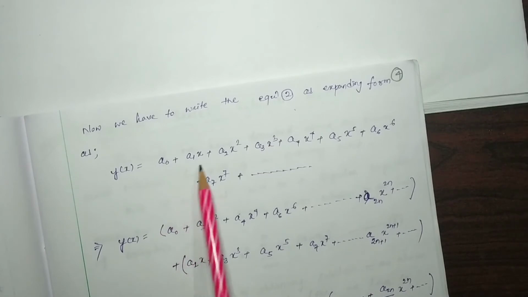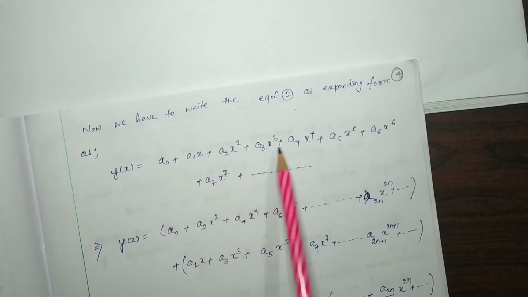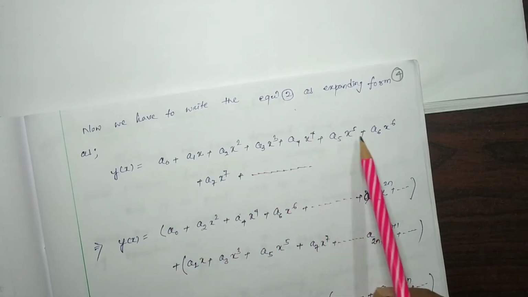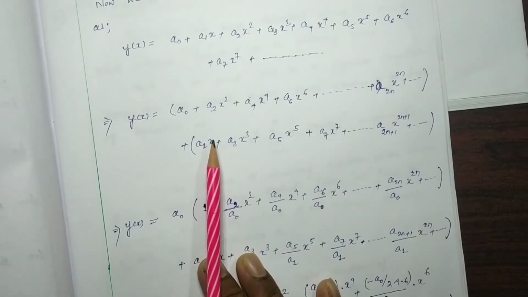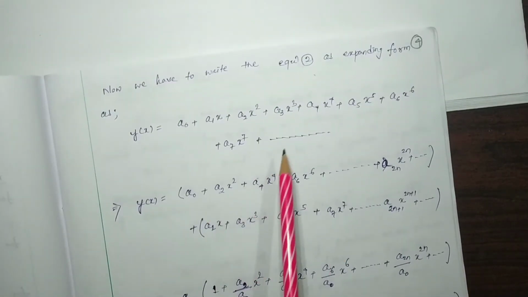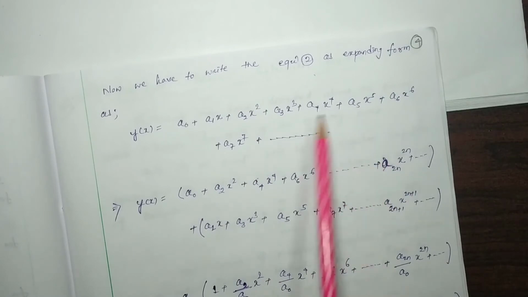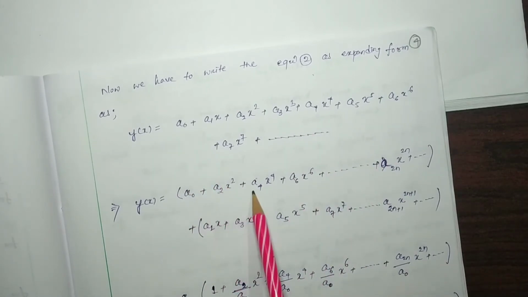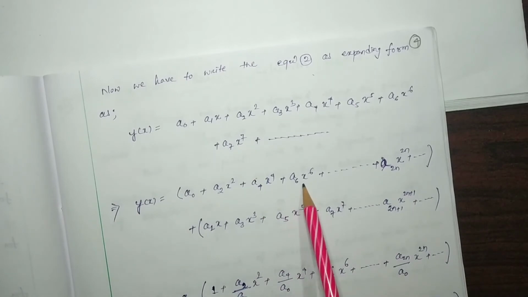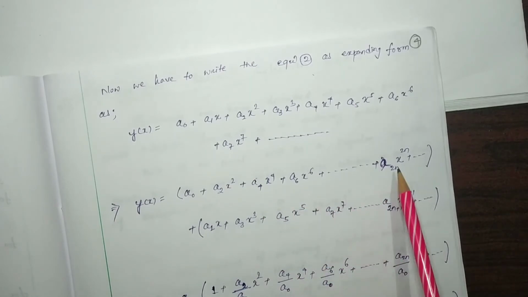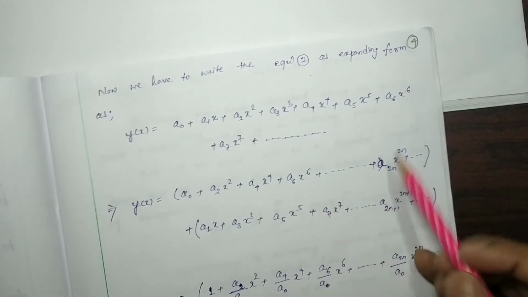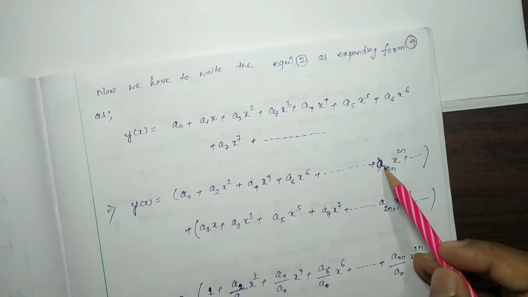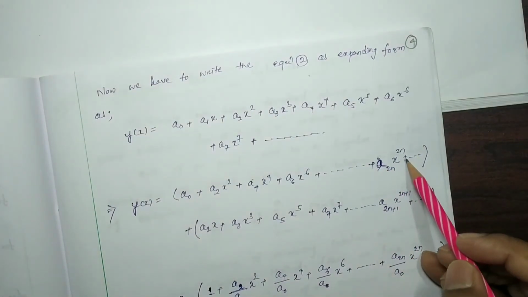Then we get a0 plus a1x plus a2x square plus a3x cube, a4x to the power 4, a5x to the power 5, like that. So we just separate out the even and odd coefficients. The even terms are a0, a2x square, a4x to the power 4, a6x to the power 6, and so on up to a2n x to the power 2n.